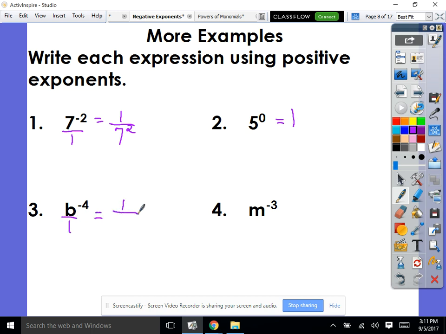So this would be 1 over b to the 4th. And then m to the negative 3 would be 1 over m to the 3rd power. So we just give its reciprocal, and when we get its reciprocal, we can eliminate that negative sign.